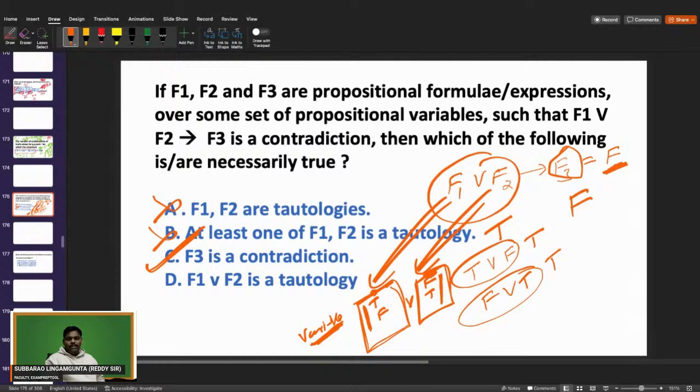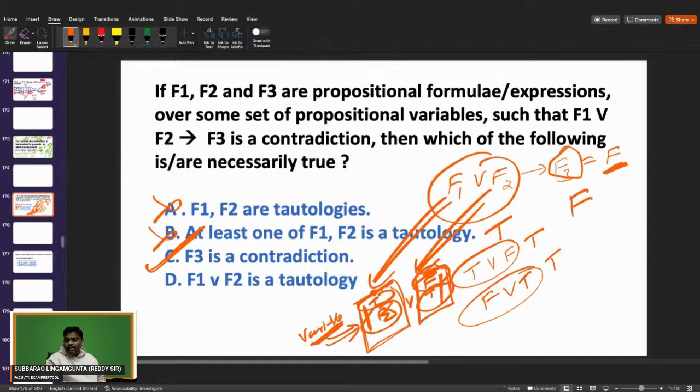If anyone says F1 is a tautology, I cannot say, because F1 is a formula. Variables are there, and based on those variables we construct F1. Sometimes for some values it is true, sometimes it is false. So F1 is a combination of true, false. F2 may also be a combination of true, false. So I cannot say at least one of them is a tautology.